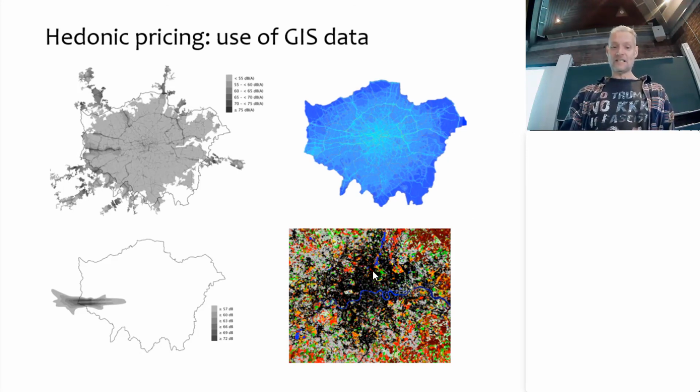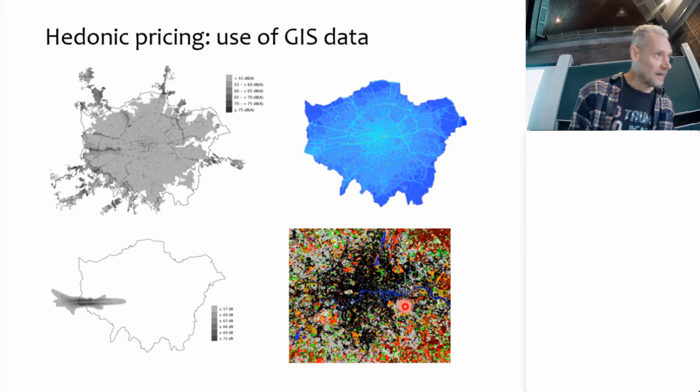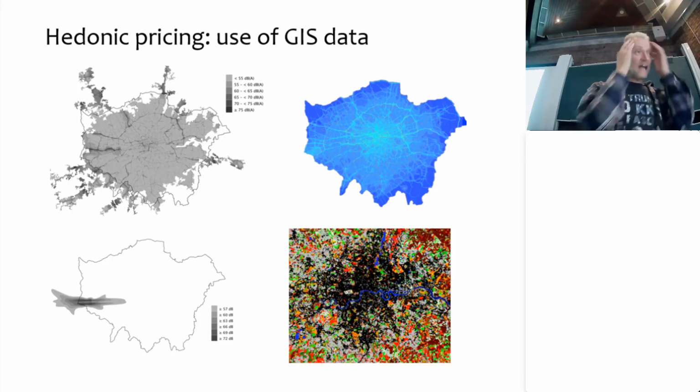And this is not a Pollock painting, but this is the types of land that you have. Where in blue, you need to look very closely. You see the Thames and some of the lakes, reservoirs in the north. In black, you're looking at residential areas.